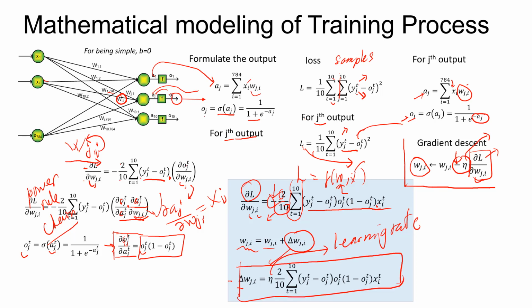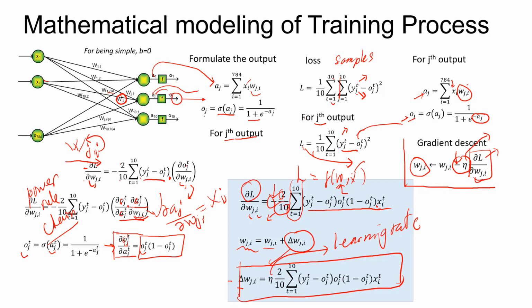So far we have formulated a set of equations for the training process using gradient descent, and hopefully this helps you understand how gradient descent can be applied to a simple network for a particular application.